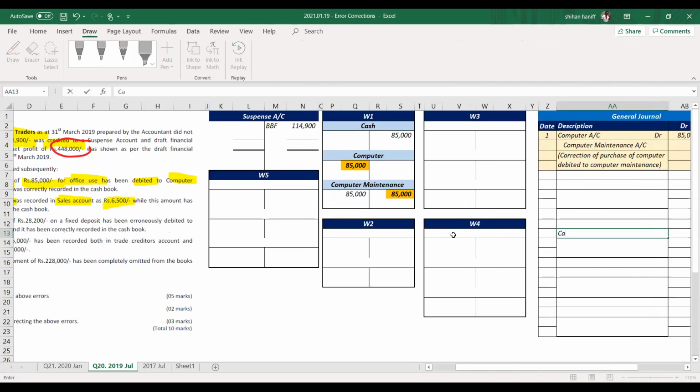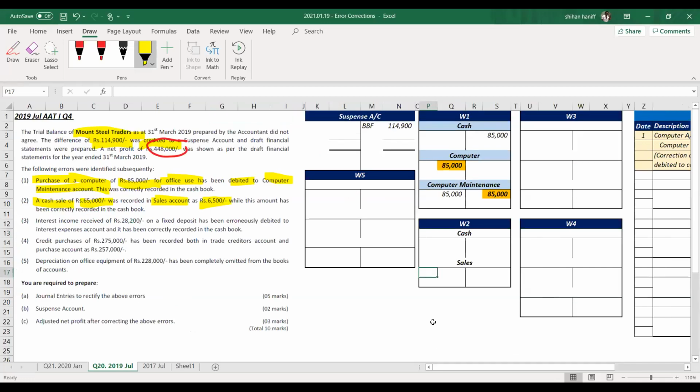Cash sales, the double entry should be cash account debit, sales account credit. So cash account is correctly recorded 65,000, but this was recorded in sales account as 6,500.